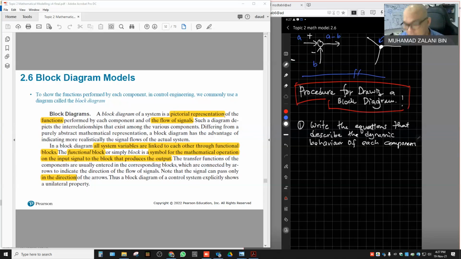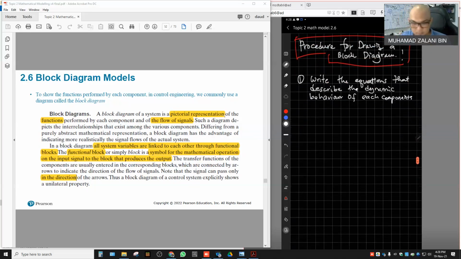A control system block diagram has many components, such as sensors, process, and actuators. That's clear.